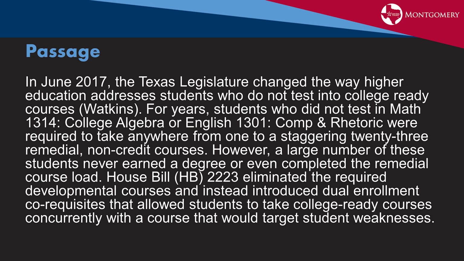However, a large number of these students never earned a degree or even completed the remedial course load. House Bill 2223 eliminated the required developmental courses and instead introduced dual enrollment co-requisites, that allowed students to take college-ready courses concurrently with the course that would target student weakness.